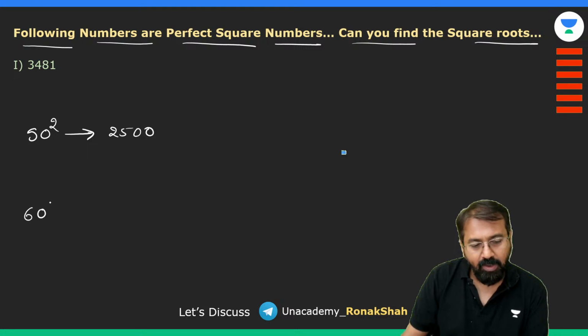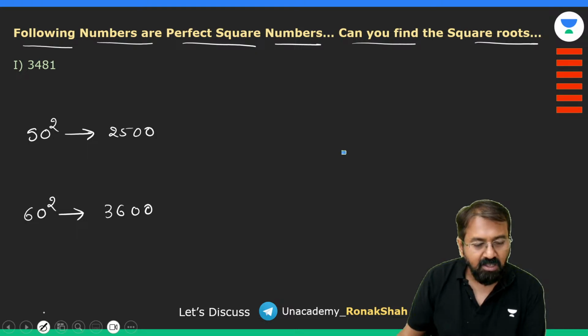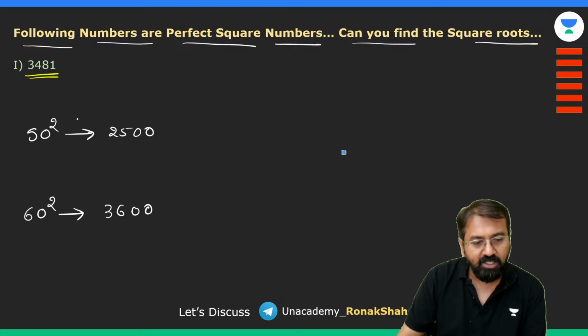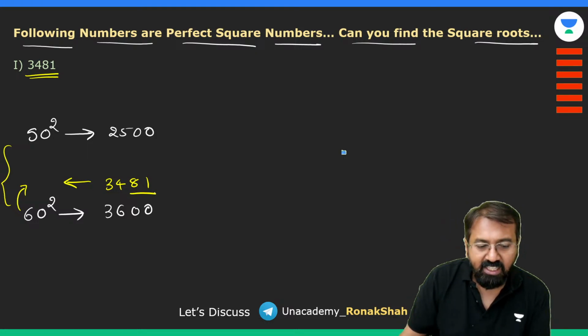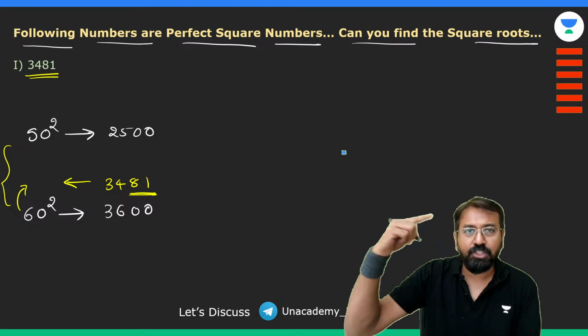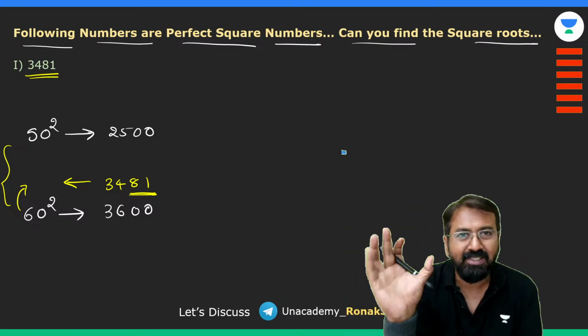And 60 square is 3600. And this number 3481 is somewhere in between. So can I say it should be between these and closer to 60, right? Closer to 60, correct?